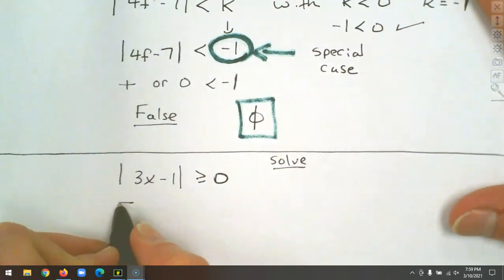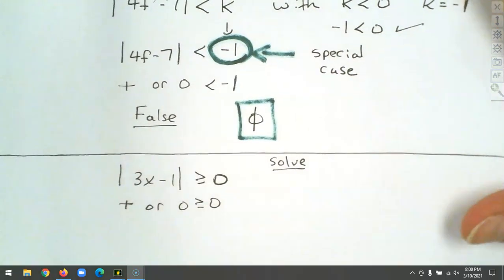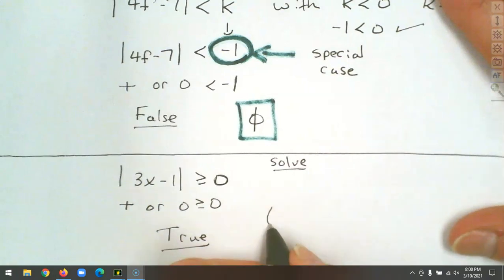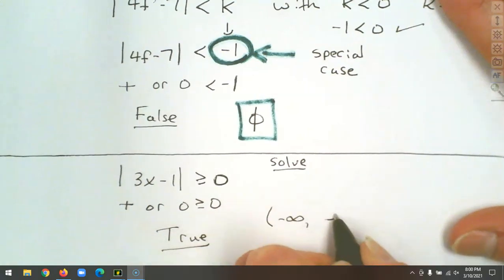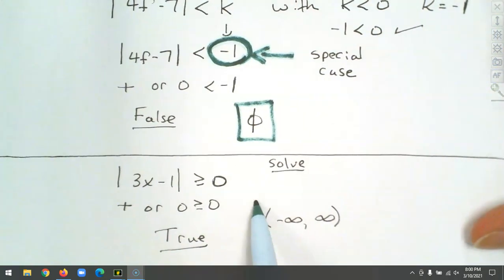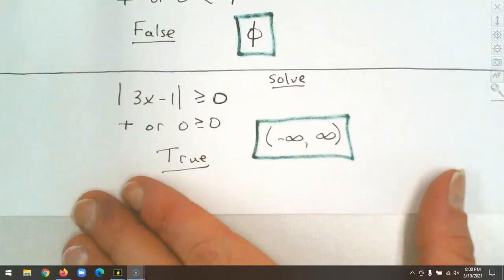We know that absolute values are either positive or 0. And our positive numbers, are they bigger than 0? Yes. So that would make that then again true. And if it's true, it's like an identity. So my solution set would then be negative to positive infinity. So that's how you work out and solve those.